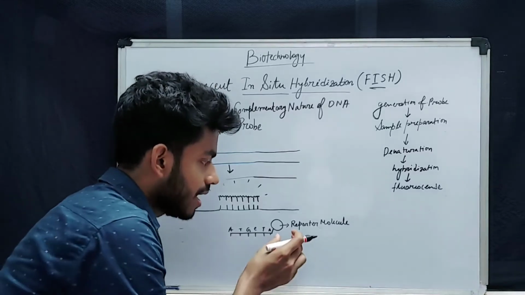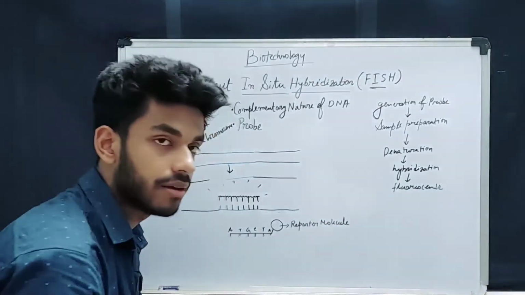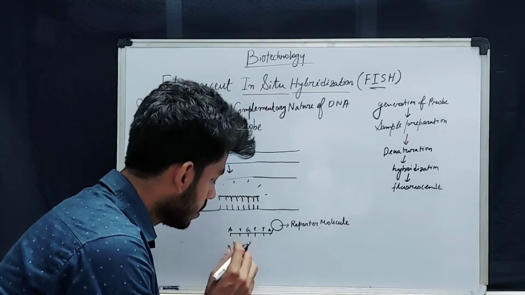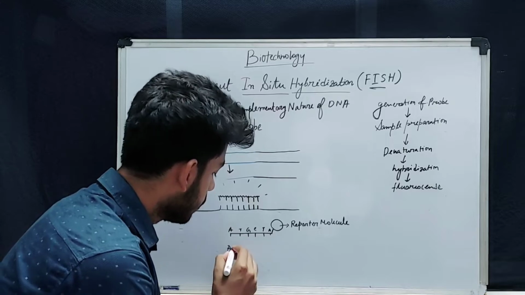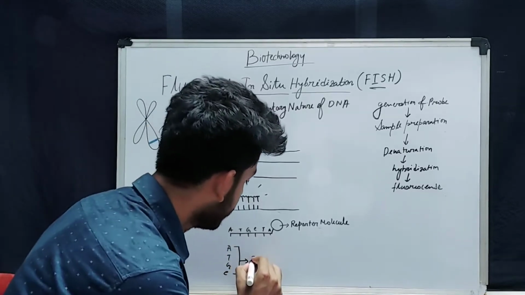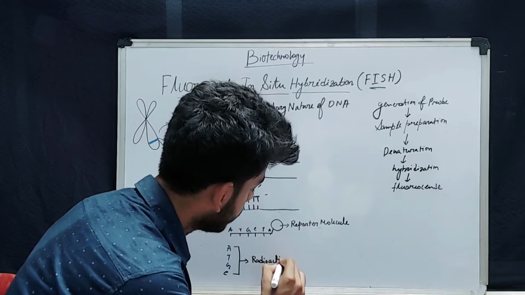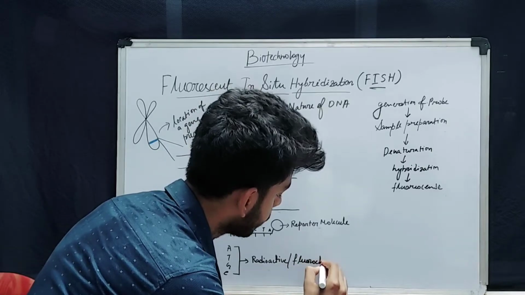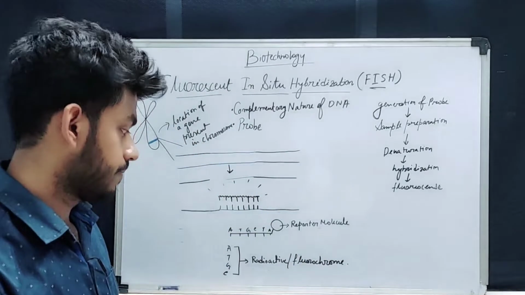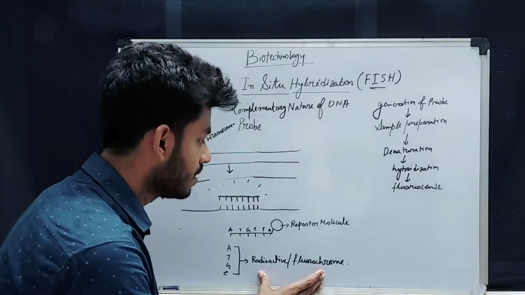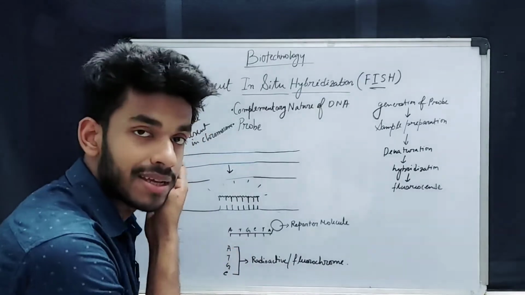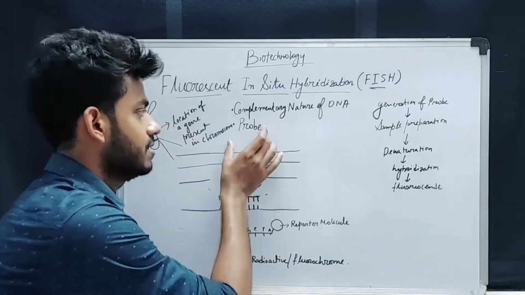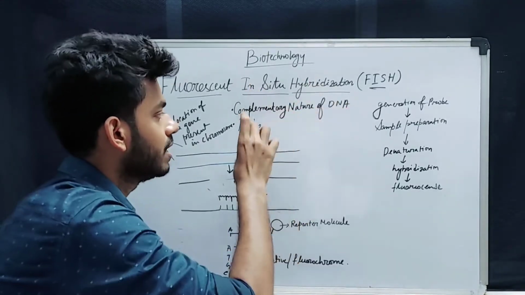One, you can directly attach a reporter molecule along with the nucleotide segment, or you can label these individual nitrogen bases with a radioactive element or any fluorochrome. You can use these elements to modify these bases, and you develop a short stretch of DNA that is called a probe.